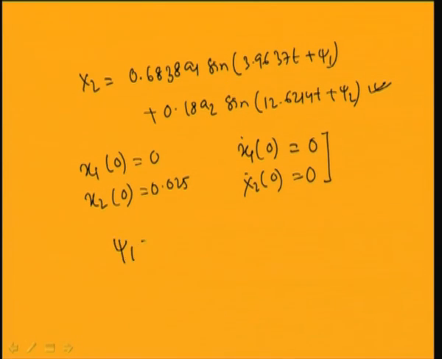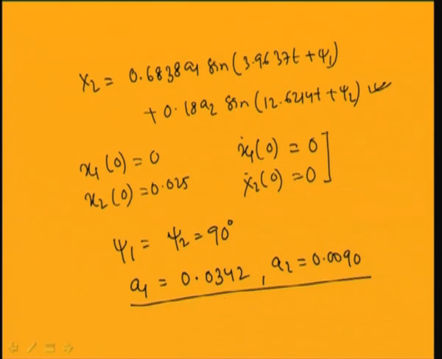So, one obtains psi 1 equal to psi 2 equal to 90 degree, a1 equal to 0.0342 and a2 equal to 0.0090.